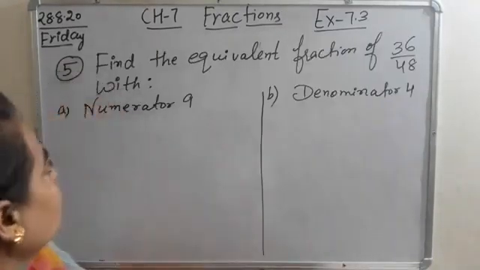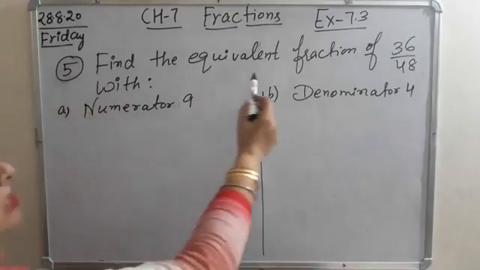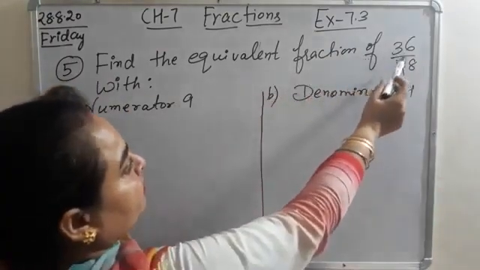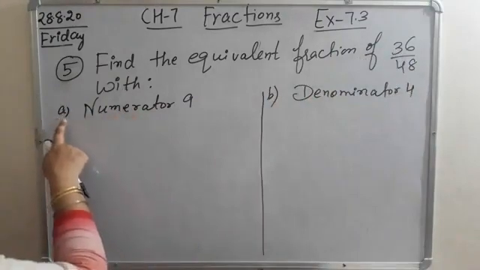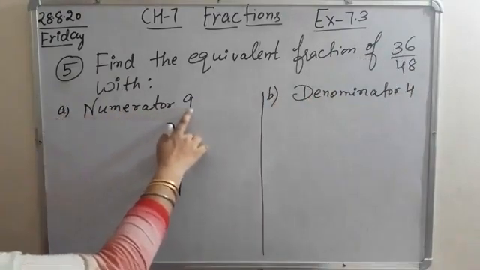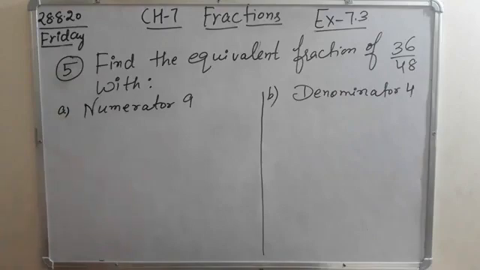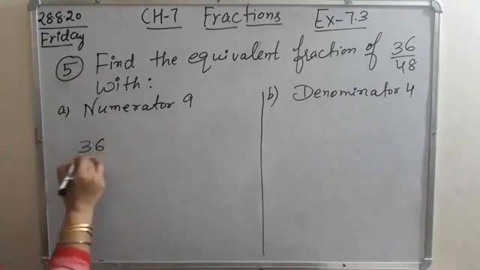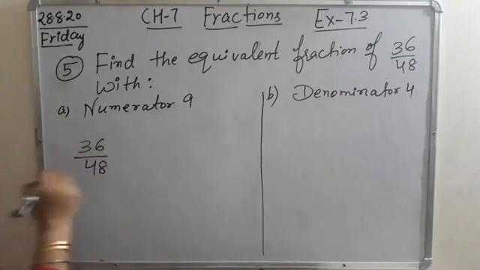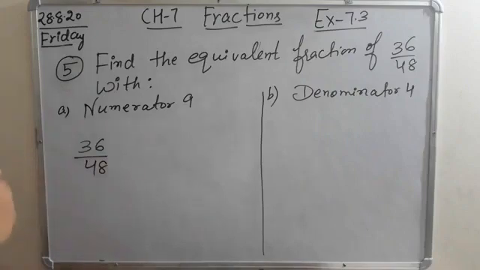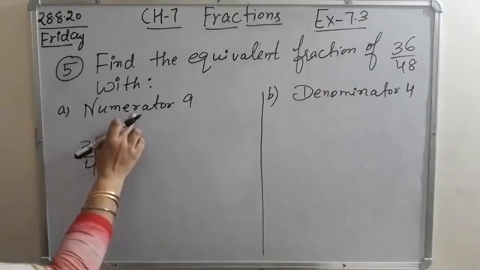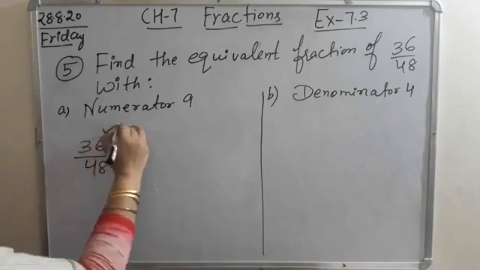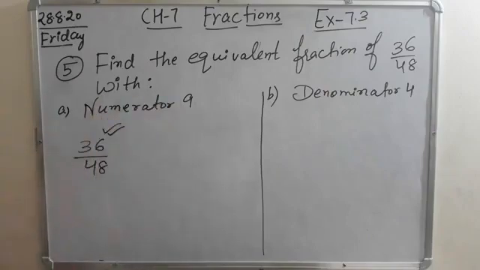Now come to the fifth question. Find the equivalent fraction of 36 by 48 with A part numerator 9. In the question, 36 by 48 is given to you and the question is to change the numerator. Only concentrate on this numerator because the question is based on numerator.